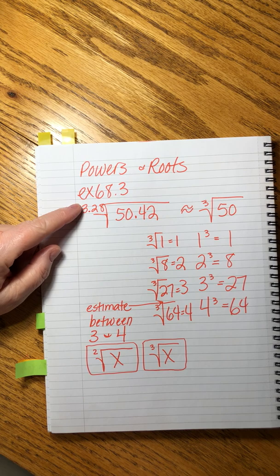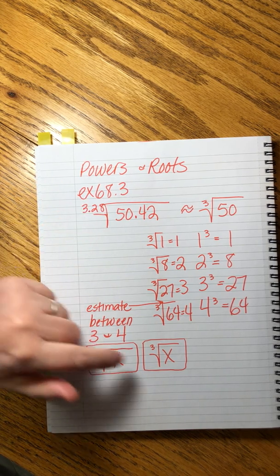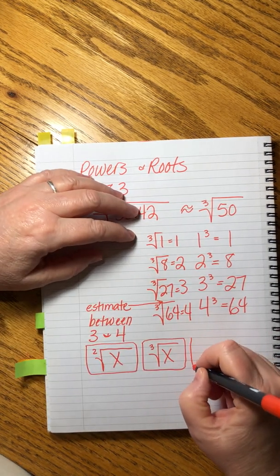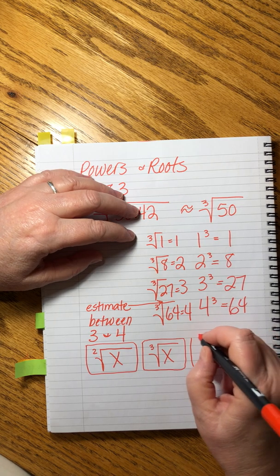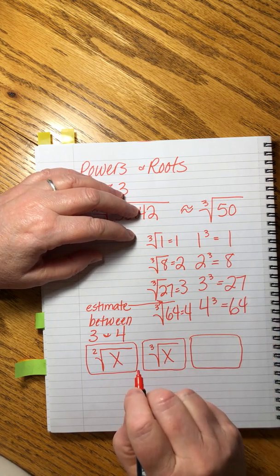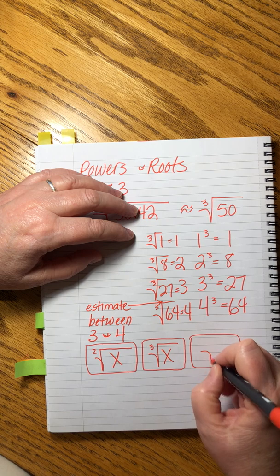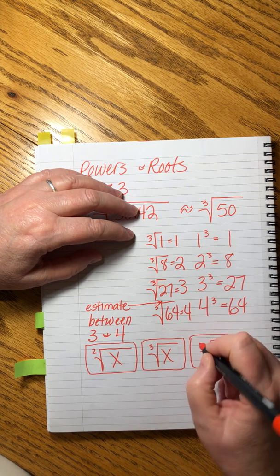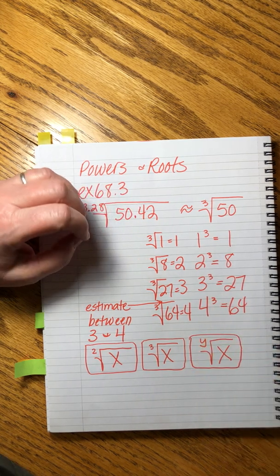Now, what do we do about something like this where our root is not just a simple 2 or 3? Well, there's a special button for us where we can customize the way the root works. There's an X here and there's a Y here.